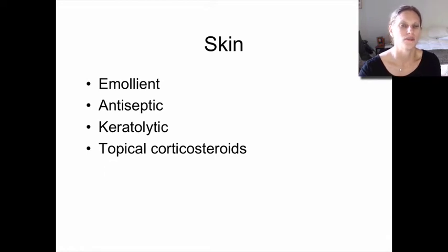And some of those corticosteroids can get systemically absorbed as well. They don't really do anything to treat the cause of the problem, and in some cases they can cause a pretty significant rebound eczema, which is almost worse than what it was to start with. So that's something to think about with these drugs.